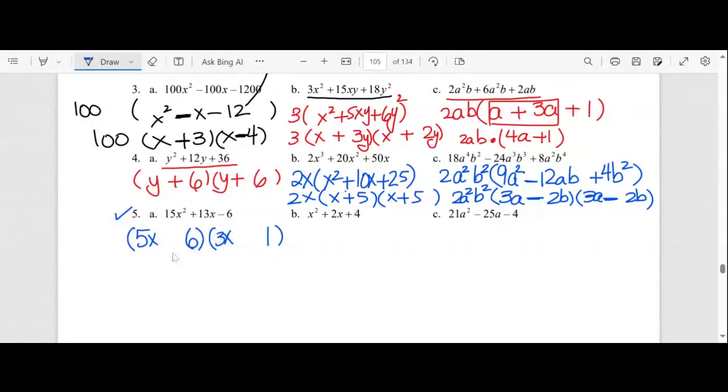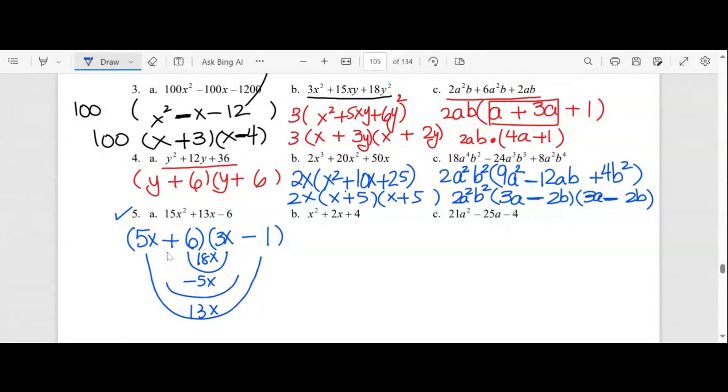I'm going to take 6 times 1. Which one is positive? Which one is negative? This one is positive, this one is negative. Now, you need to check your answer to make sure you're right. This is 18x. This is negative 5x. You need 13. Can I get 13x? Yes, positive. So you are correct.